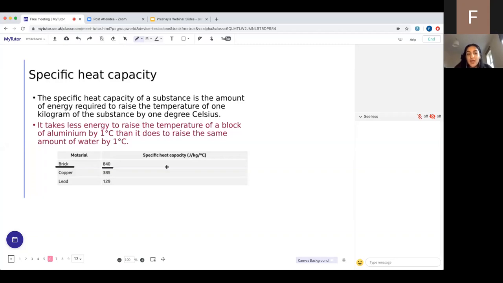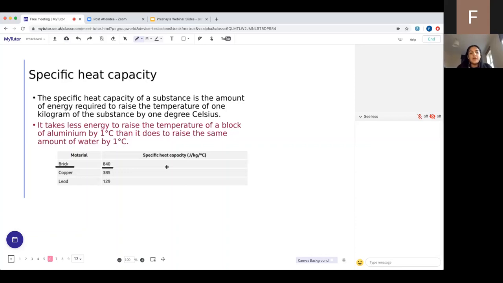So a specific heat capacity of 840 means that it takes 840 joules of heat energy to raise 1 kilogram of brick by 1 degree Celsius. That is the definition of a material's specific heat capacity.